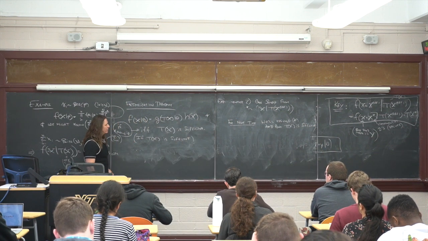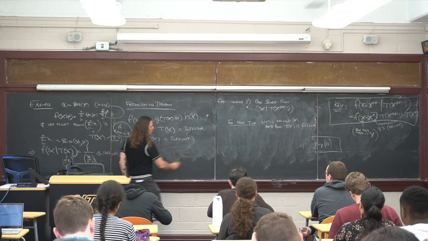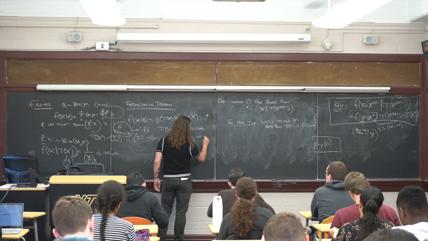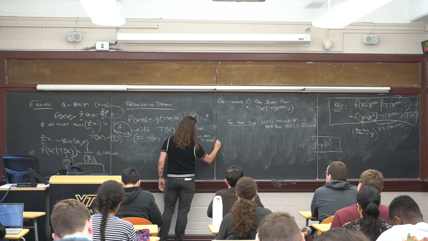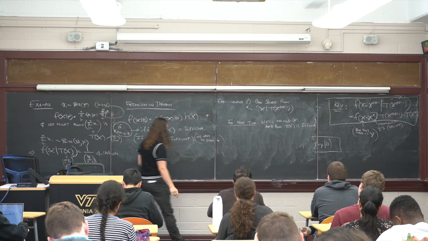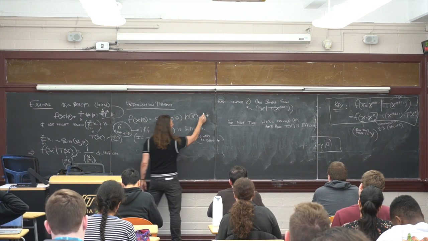Okay, so if T of x is sufficient, we want to prove star. Star is the factorization.